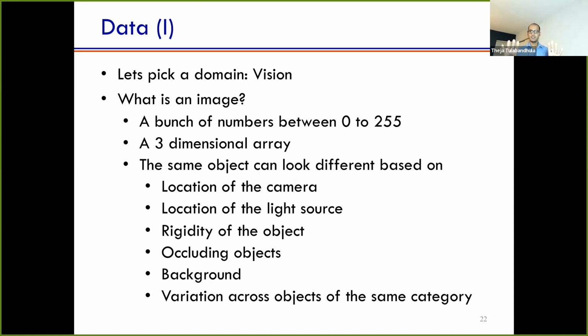If you take the same picture from maybe 10 feet away, or change the light source from left to right, or the cat moves slightly, or there's an occluding object, or a background difference, all these should ideally be the same. We know because our eyes and our minds can interpret this, but in terms of those 3D arrays and the numbers in them, they could be very different. So that's something to think about while thinking about models.